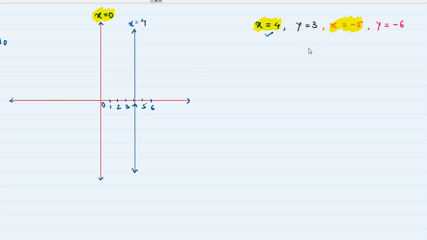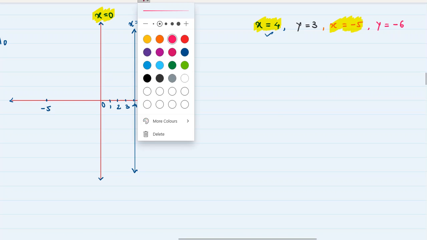What about x is equal to minus 5? X is equal to minus 5 will pass through minus 5, but again it will be parallel to y-axis. Okay, now x is equal to minus 5. Let me draw that.